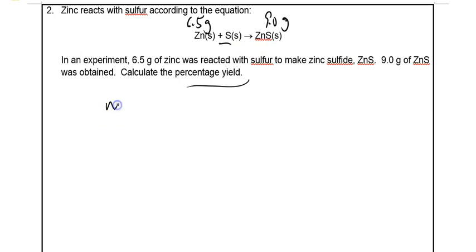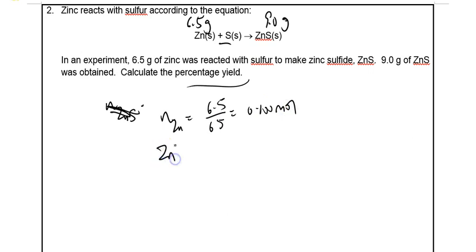So part 1, what is the number of moles of zinc sulfide? What is the number of moles of zinc? It is 6.5 divided by 65, 0.100 moles of zinc. And from the equation, 1 mole of zinc should give me 1 mole of zinc sulfide, which means my number of moles of zinc sulfide should be 0.100 moles as well.